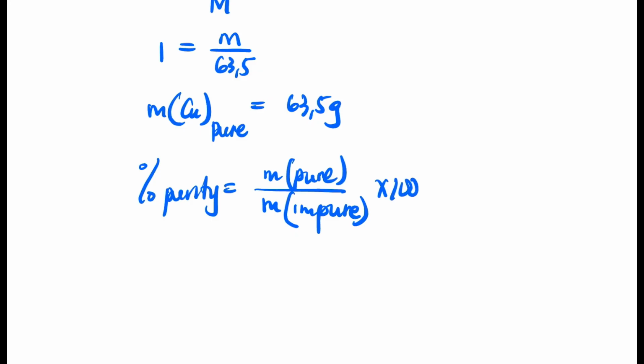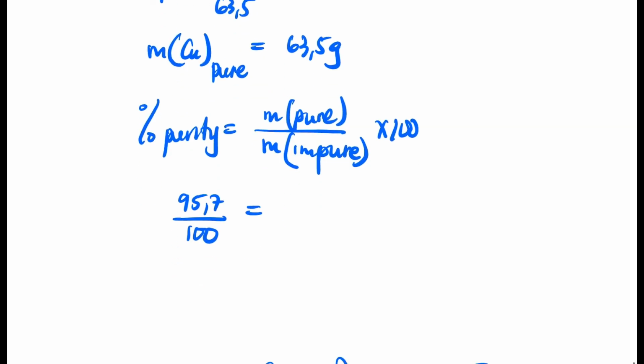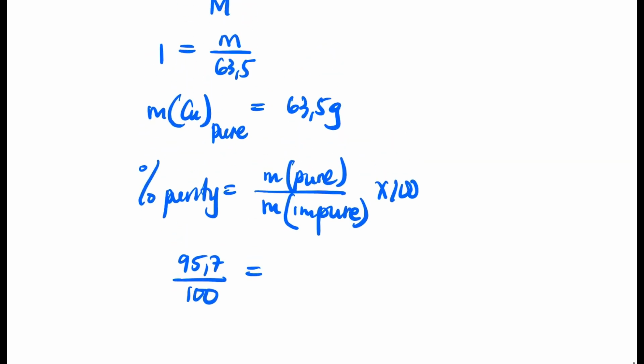We substitute what we have: 95.7 divided by 100 since we don't want a percentage, equals the mass of the pure, which we just calculated as 63.5, divided by the unknown.